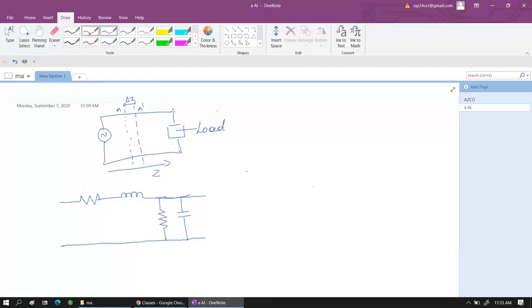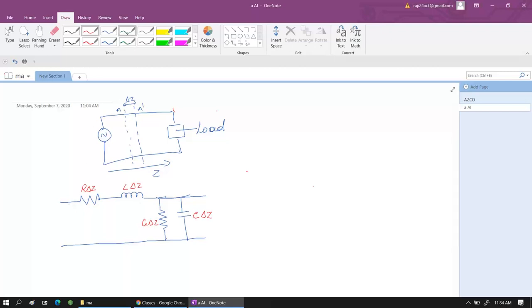I will consider this resistance as R delta Z, because we are considering it for that particular distance. It is not an actual resistor present over there, so we are considering it as R delta Z. Next, let this be L delta Z, this G delta Z, and this C delta Z. So we have defined, or named, our components.